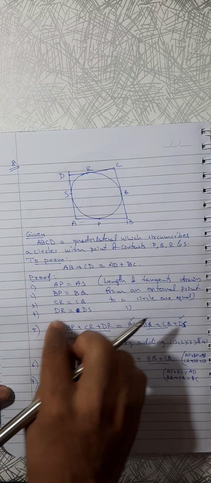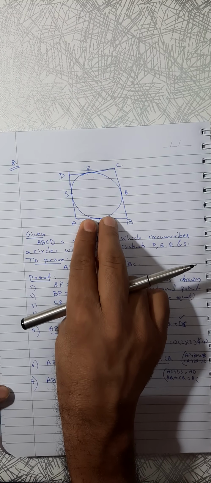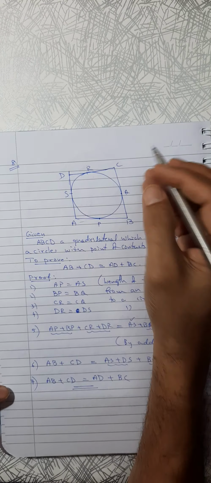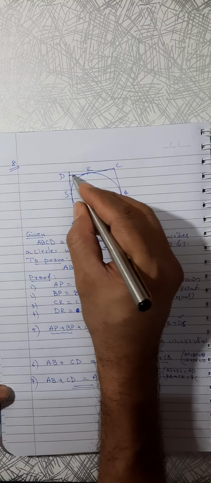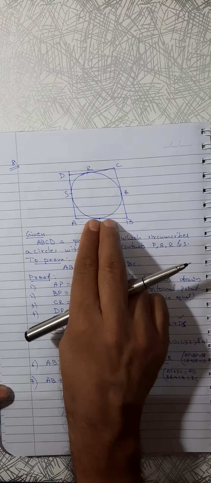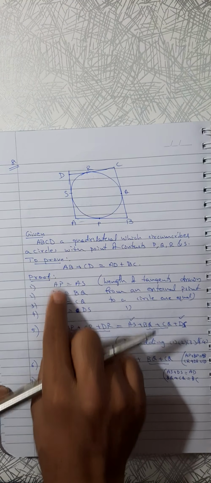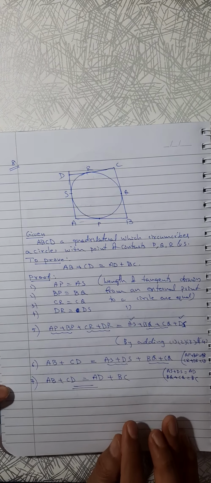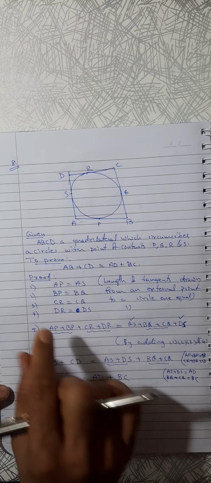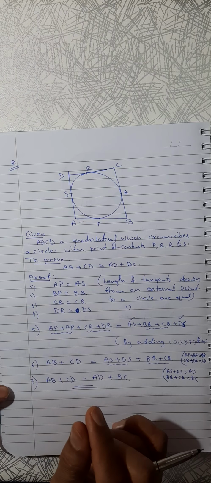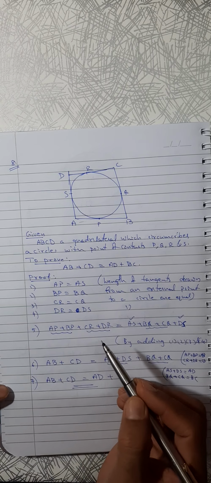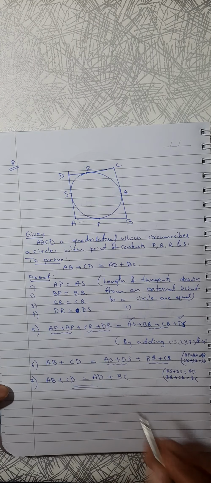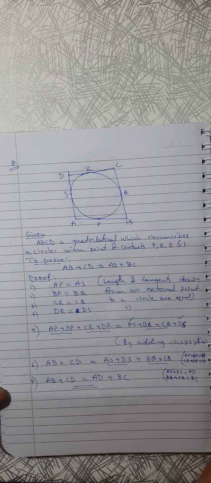Left side I am going to add, right side I am going to add. Instead of saying CQ equal to CR, I write CR equal to CQ, DR equal to DS. So there is no problem while doing addition, because equations we cannot add in a zigzag way. Adding equations 1, 2, 3, 4 means left side will be added, right side will be added. So directly getting. Okay.